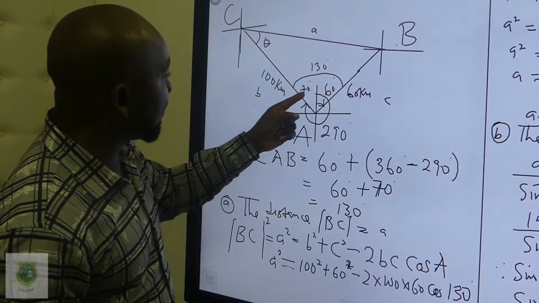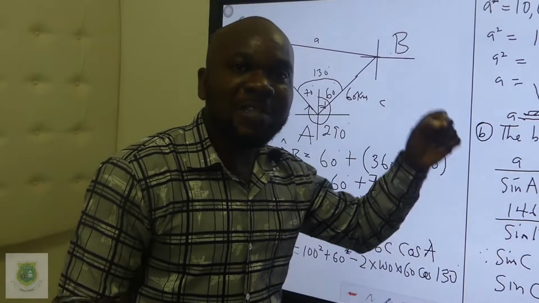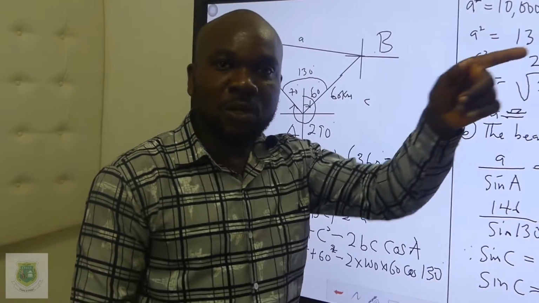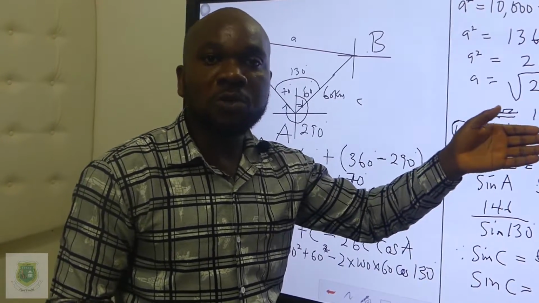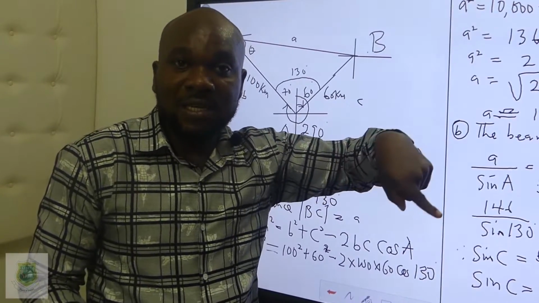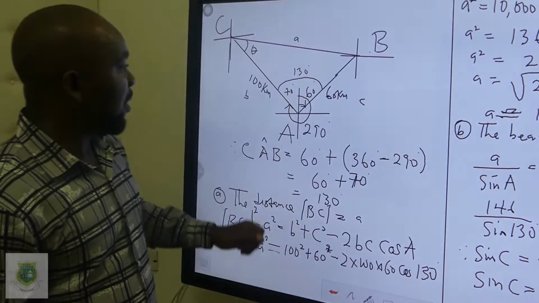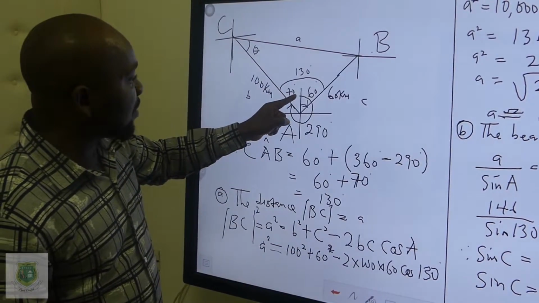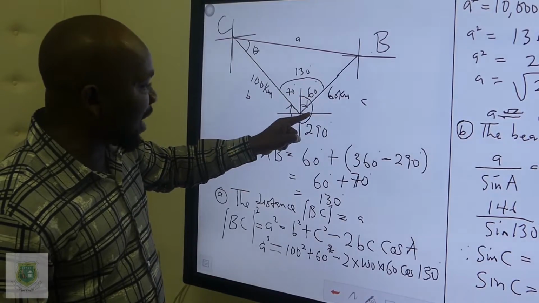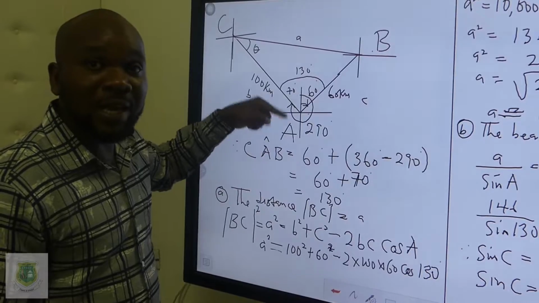So, which means when you start from here, remember I told you that if there is no direction, you start from the north and be moving clockwise, in a clockwise direction. So in that case, it means that from here to here is 90. From here to here is another 90, which is 180.